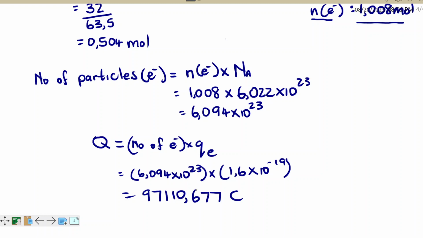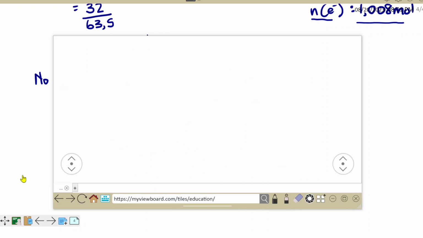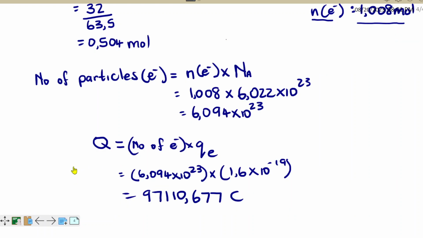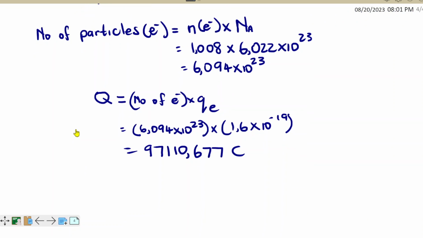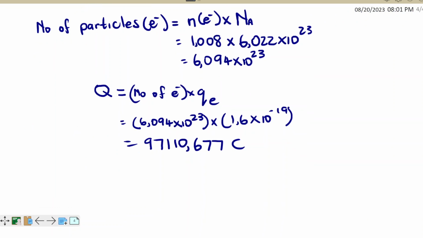Now I want to find the average current. The average current then would be I is equal to the amount of charge divided by the time it takes for this charge to flow.